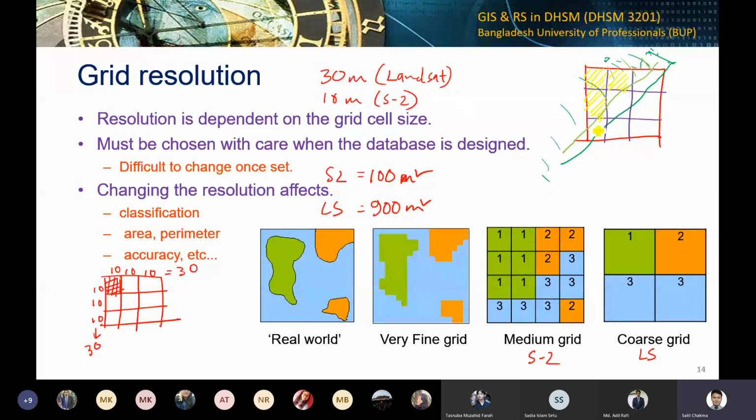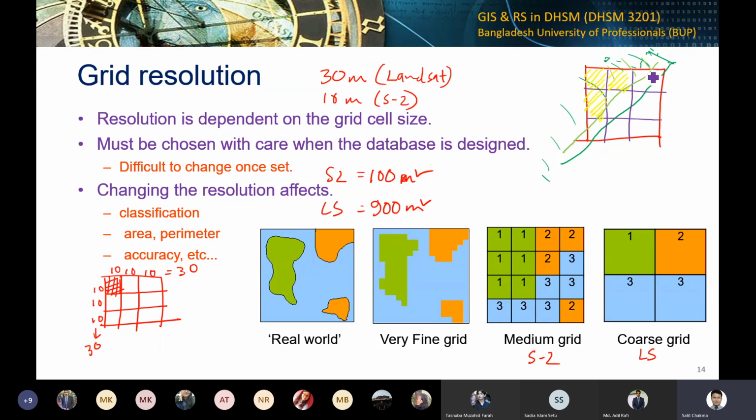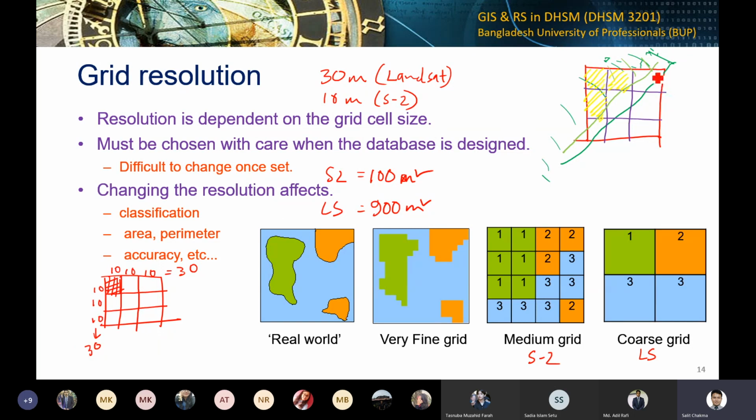So you see, if you were thinking of previously, then you might say that I have these areas, so I will identify the deforestation using red. So these pixels are actually lost due to deforestation.